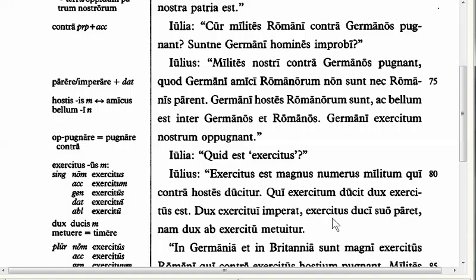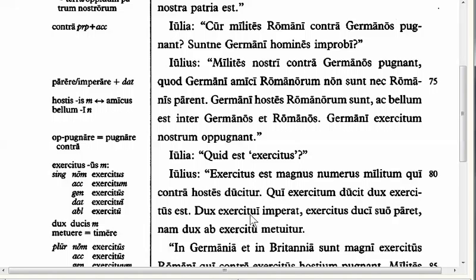The army obeys its leader, for the leader is feared by the army. Here, if you just look at the chart to the left, you see that exercitui is dative. And so, why is it dative? It's the object of imperat, so shouldn't it be accusative? Don't you expect dux, the leader, orders his army, exercitum?